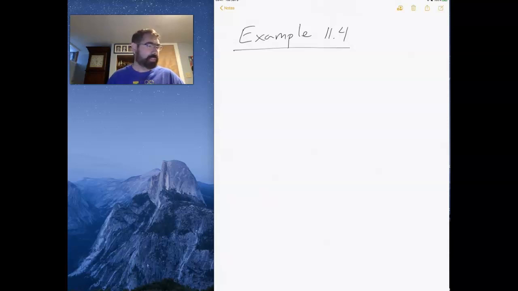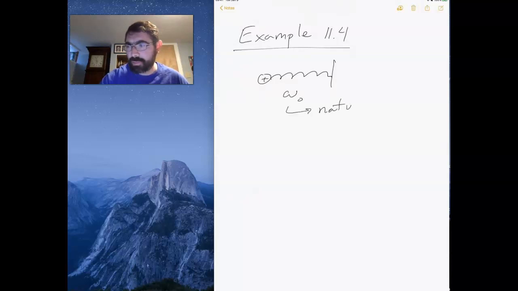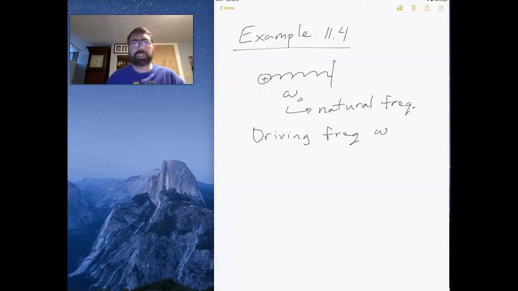this as a charged particle attached to a spring, and that spring has a natural frequency of omega naught. And then we can apply a driving frequency omega to try and dampen the spring's natural frequency.